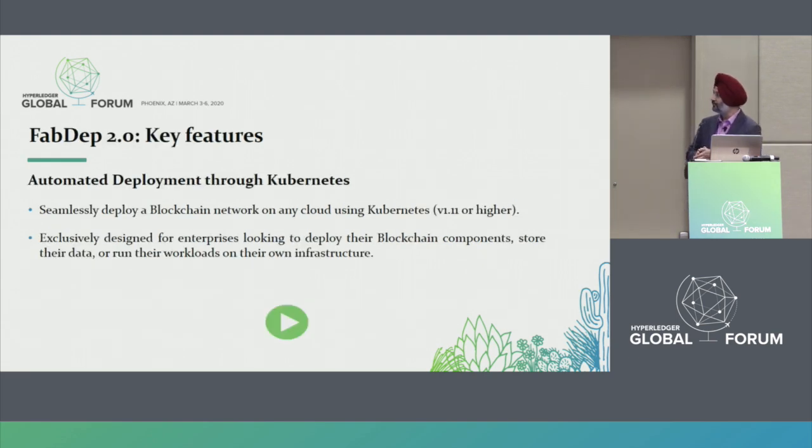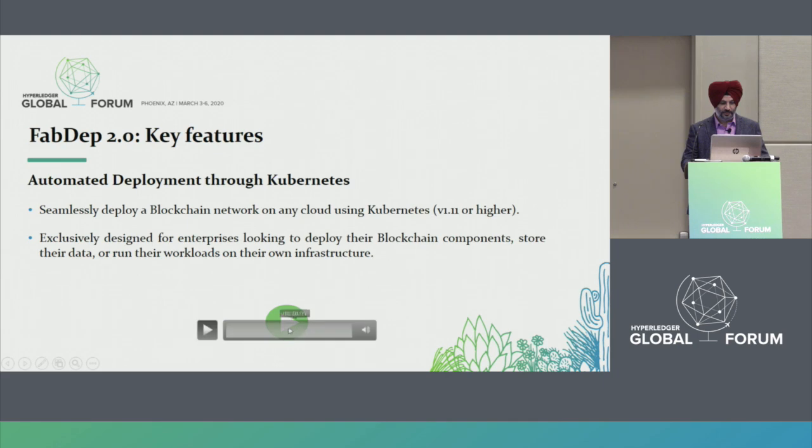The first key feature that we included in FabDep is Kubernetes support to manage your environment or cluster. From this tool, you will be able to create your Kubernetes cluster, and then you can deploy your applications on that cluster.